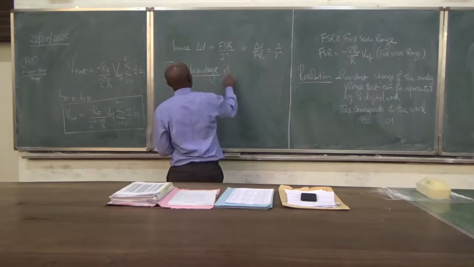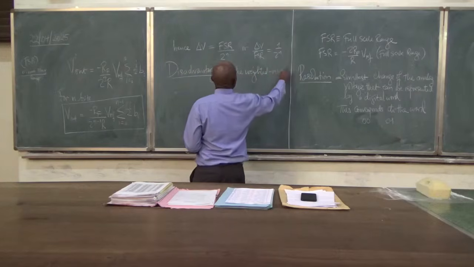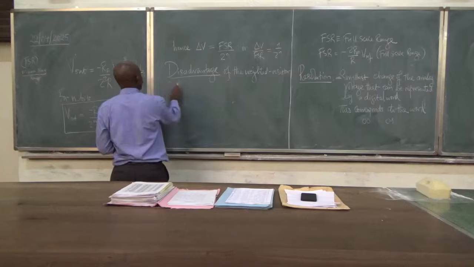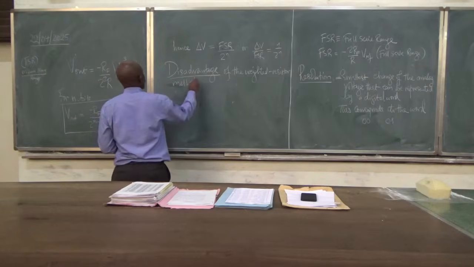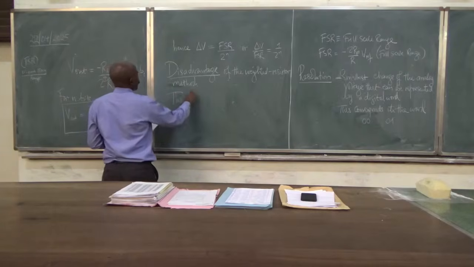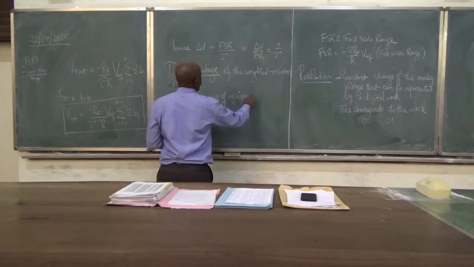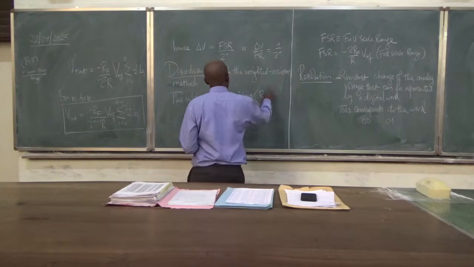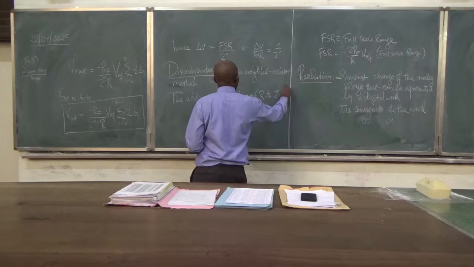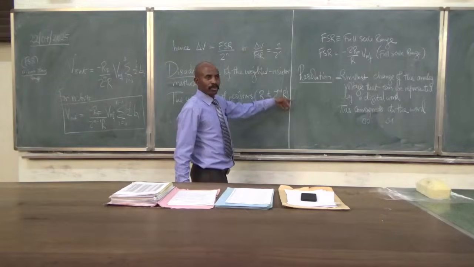of the weighted resistor method: the wide range of resistors, up to 2 to the power n minus 1 R. 4-bit was up to 2 to the power 4 minus 1 R, which was 8R.